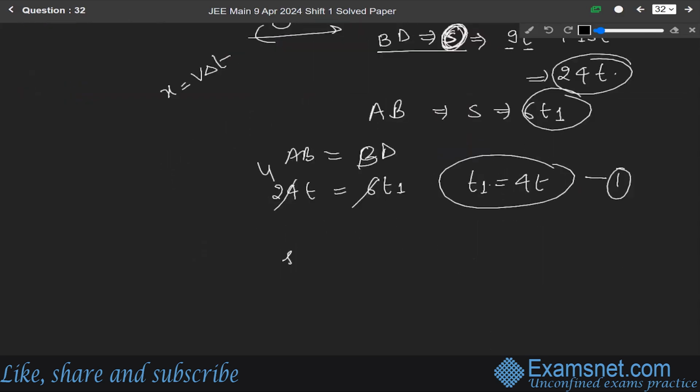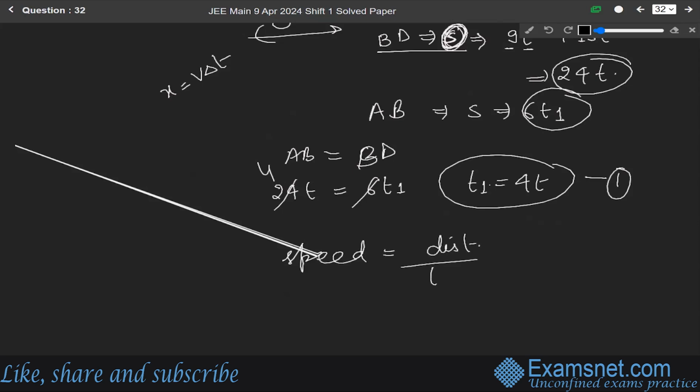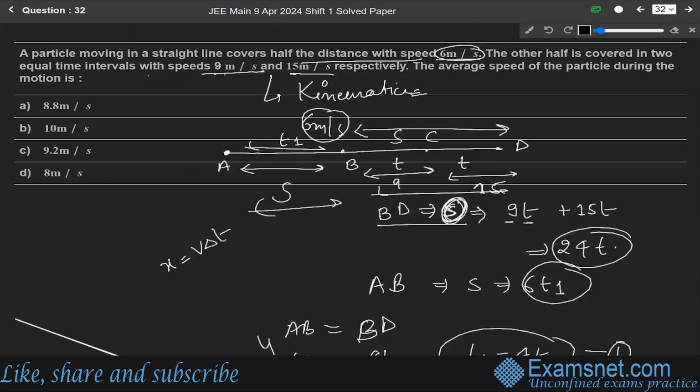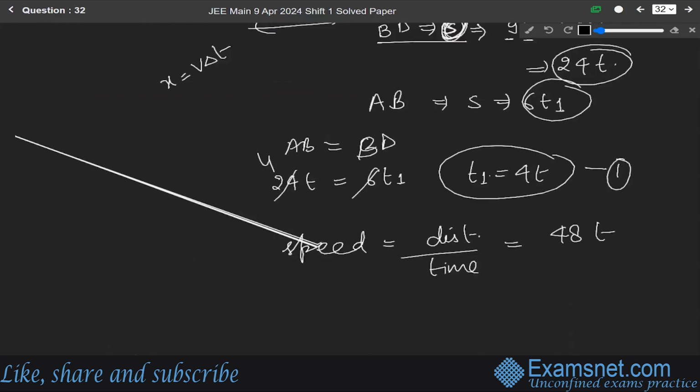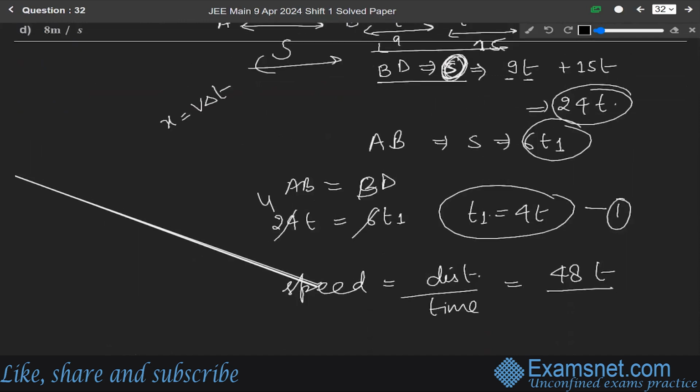Since we know that speed is distance over time, the total distance is 24T plus 24T, since AB is 6T1 and T1 equals 4T, so 6 into 4T equals 24T. So the total distance is 48T from A to D.